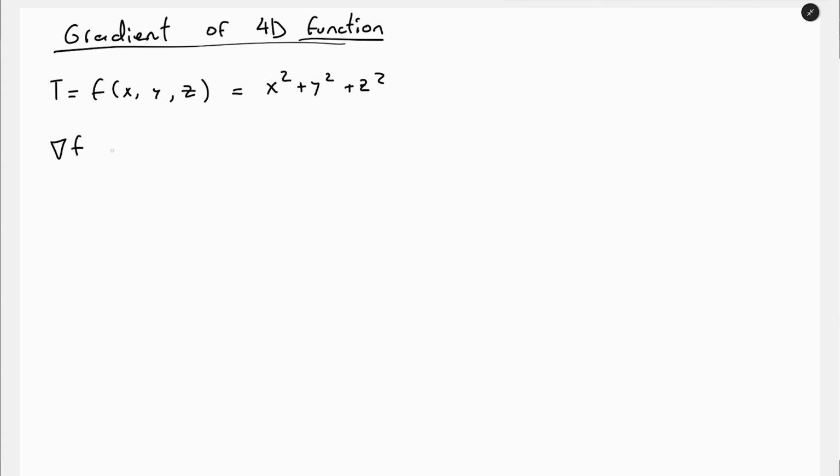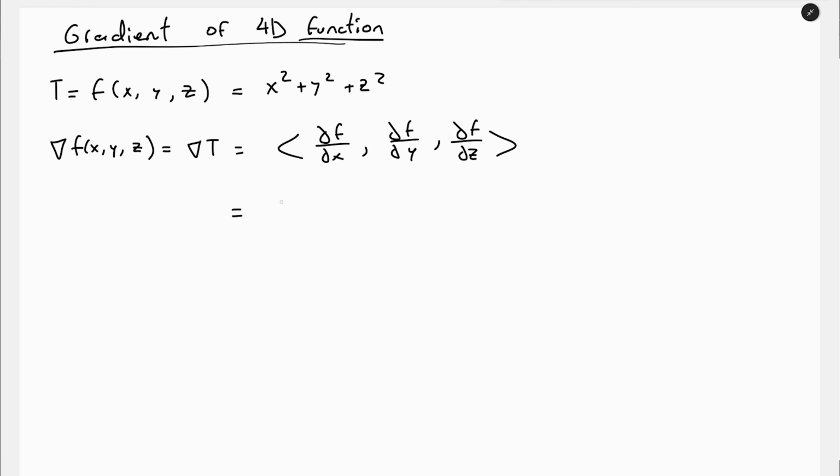And our gradient f, which is also the same as gradient t, because they're equal to each other. And I'm not writing the whole thing, that's why you might also get confused, but now we're just simply adding the third dimension.